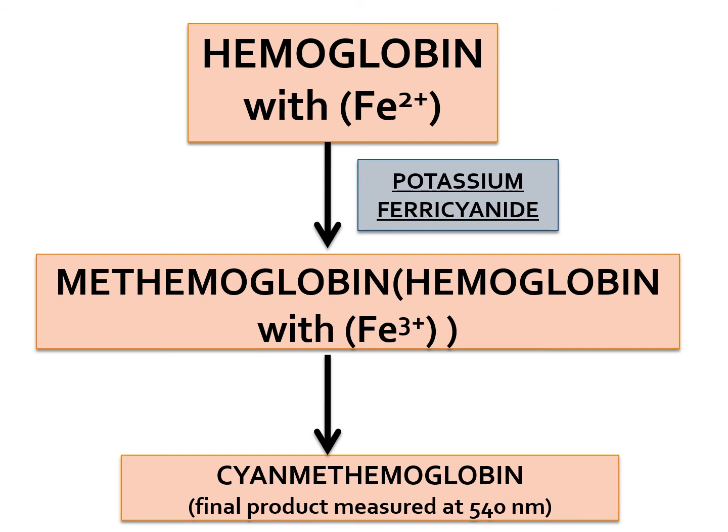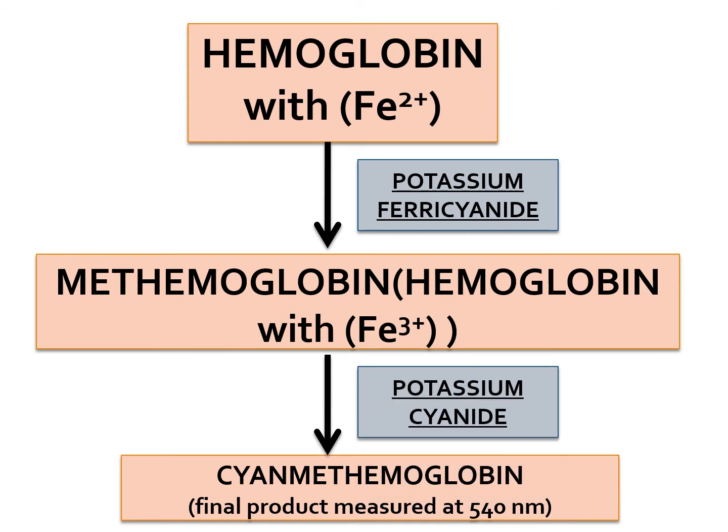So your hemoglobin will become methemoglobin after mixing with potassium ferricyanide. And then your methemoglobin will be mixed with another compound in your reagent, called potassium cyanide. Thus your methemoglobin becomes cyanmethemoglobin, and the cyanmethemoglobin is the final product that will be measured at 540 nanometers in your spectrophotometer instrument.